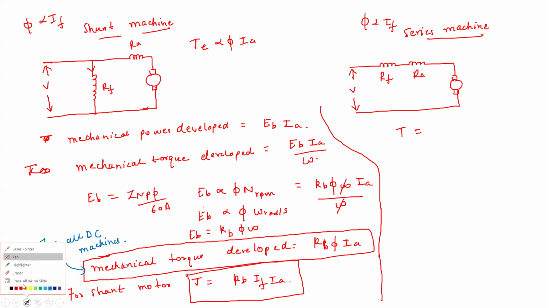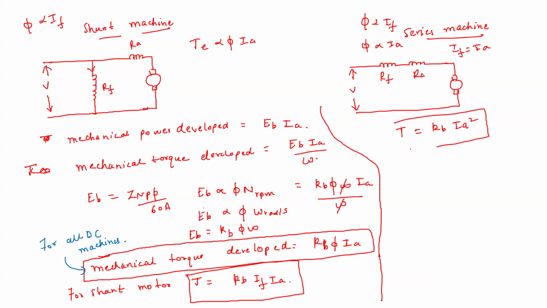Now depending on whether it is a shunt machine or series machine, instead of phi we will be putting the quantity depending on the connection. For the series machine, phi is proportional to field current, and the field current is the same as armature current. So phi is also proportional to IA. So here the torque becomes proportional to IA square. This is for the series motor.